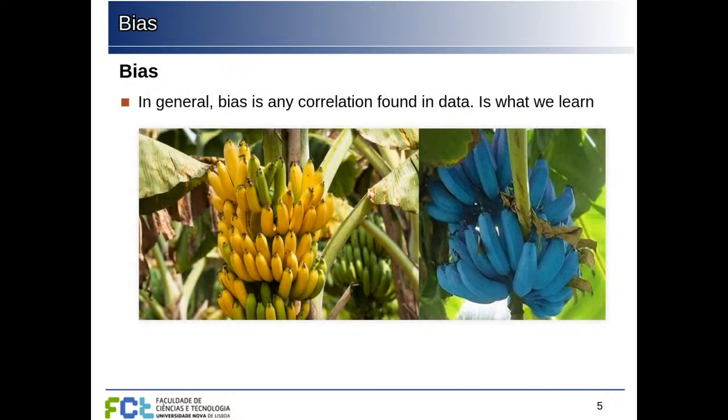But if I showed you this picture, this is a species, the blue banana from Java, that before ripening has this bluish color, then in this case we would probably label it as a blue banana, whereas in the other case we did not call them yellow bananas, because bananas are yellow by default, and if a blue banana comes around, then we specify that this is a blue banana.